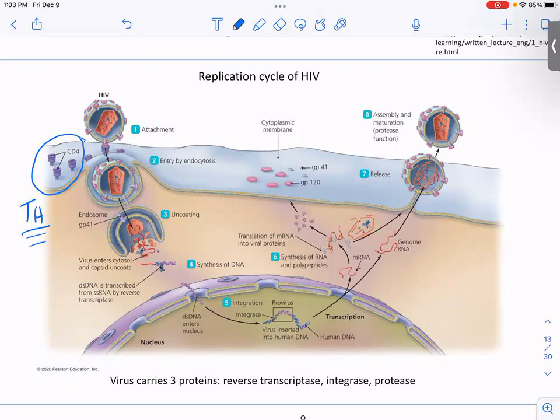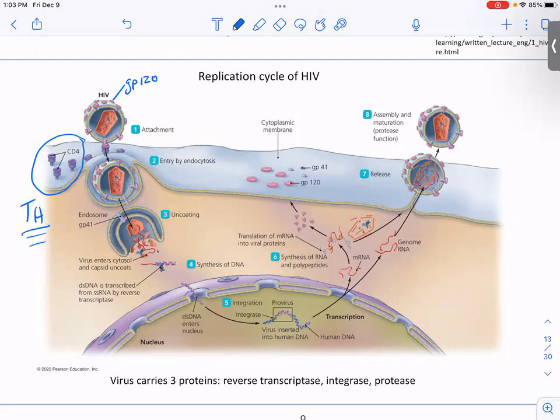Okay, so that's GP120. The way it's drawn on here, it's not drawn as a spike, but that's the spike, we'll call it, on the HIV that recognizes the CD4 that's important for attachment.